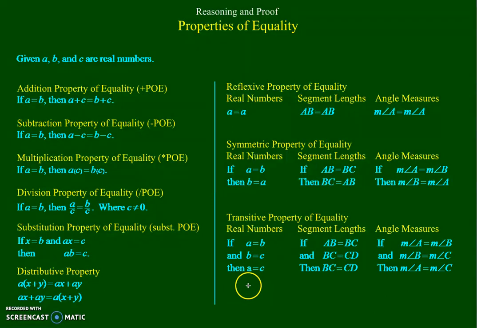I could rewrite this to say if A equals B and C equals B, then A equals C. And the reason we can do this in the transitive property is because of the symmetric property. I can take this statement and swap it using the symmetric property to change it to B equals C. And therefore we have A to B, B to C, therefore A to C.